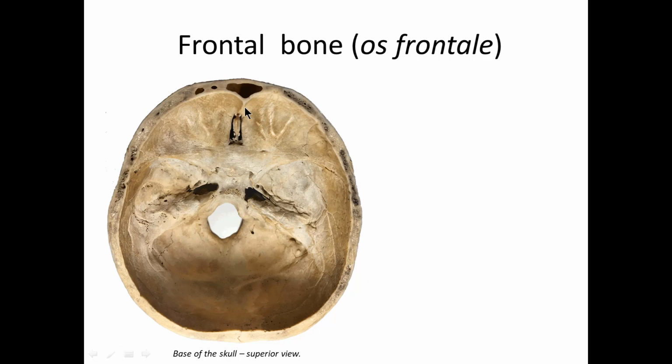It ends with a small opening which we can call foramen caecum here. It means a blind opening, and as the name indicates, it does not lead to another area. It's worth noting here that the structure immediately adjoining doesn't belong to the frontal bone, but forms a part of ethmoid, which we will discuss later.